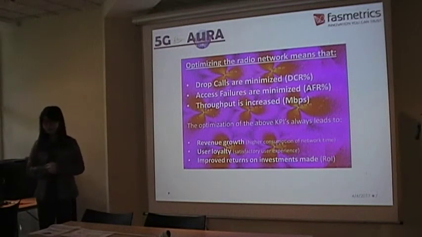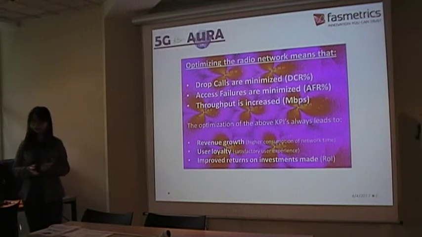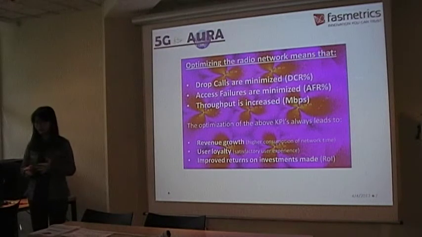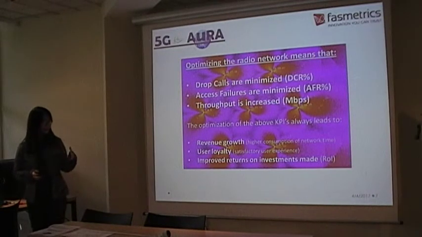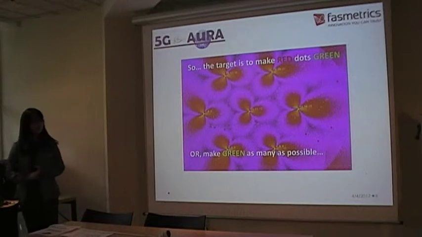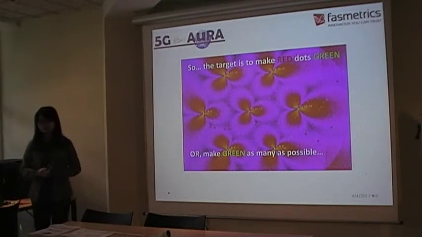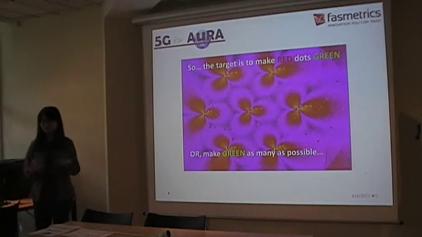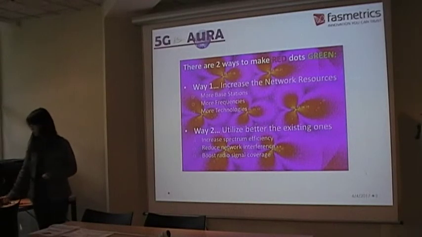And by doing so, we can improve the key performance indicators in the system, which will bring revenue growth for the operators and user loyalty. And it can also improve the returns on what we invested at the first time. So our target here is to make the bad network experienced users get better network experience and make the good network experienced users as many as possible.